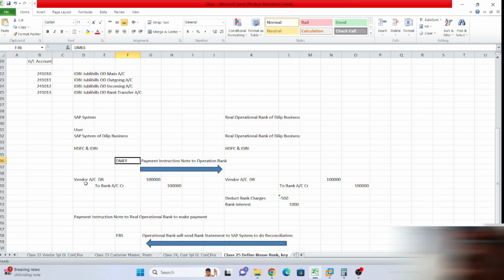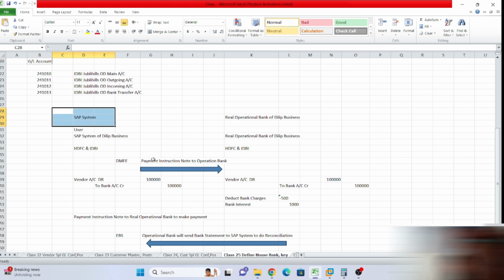So I can say DME is the payment instruction note which the SAP system sends to the real operational bank, and it has complete details about the payment: the name of the vendor, address of the vendor, the amount to be paid to the vendor, in which currency, and the date of the payment.